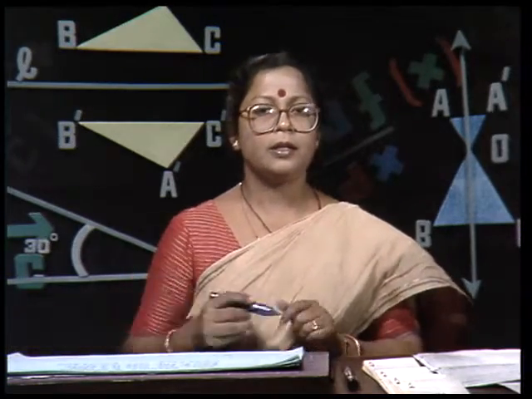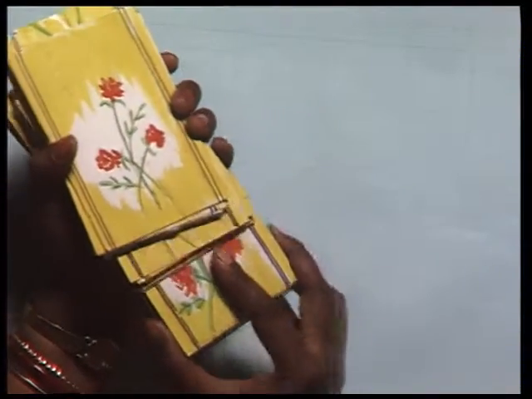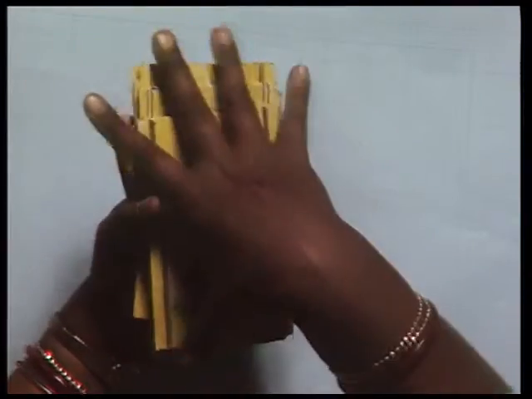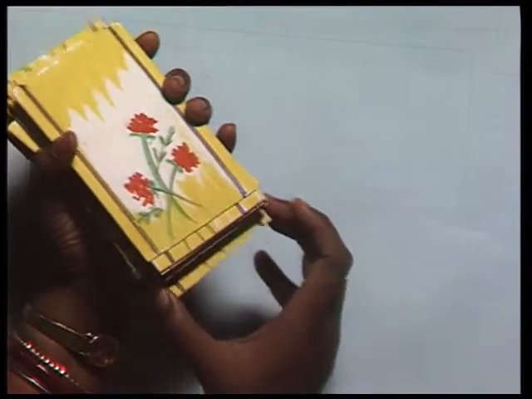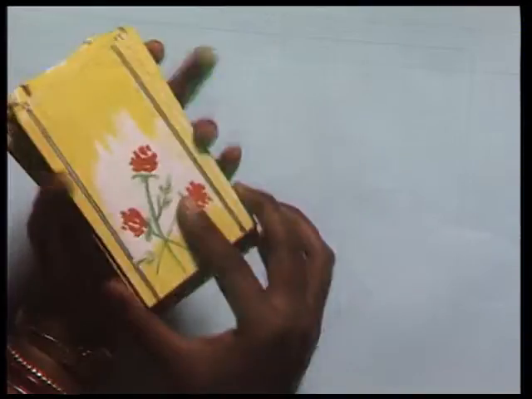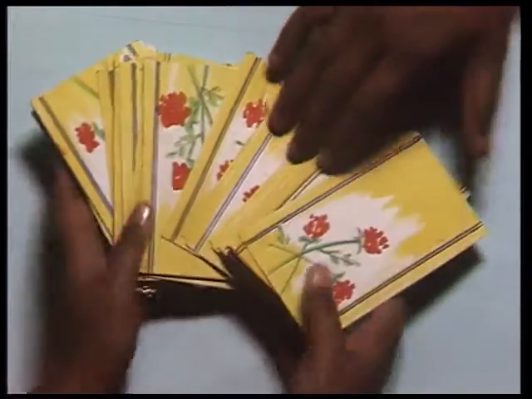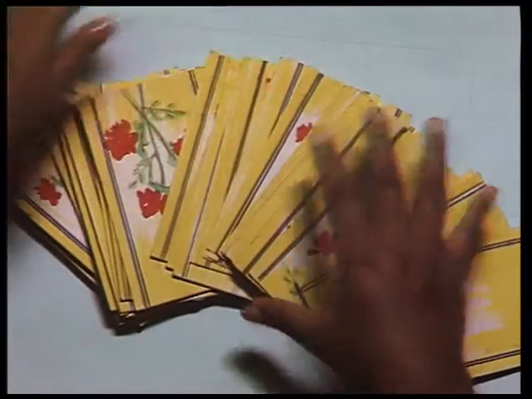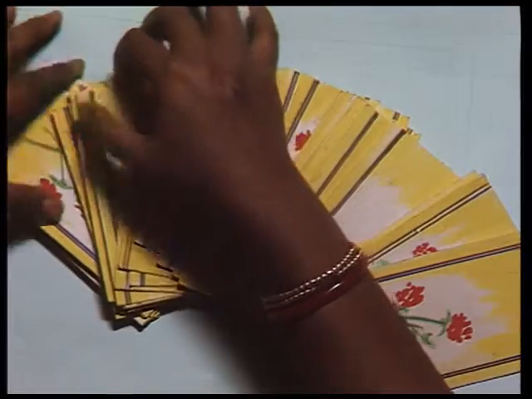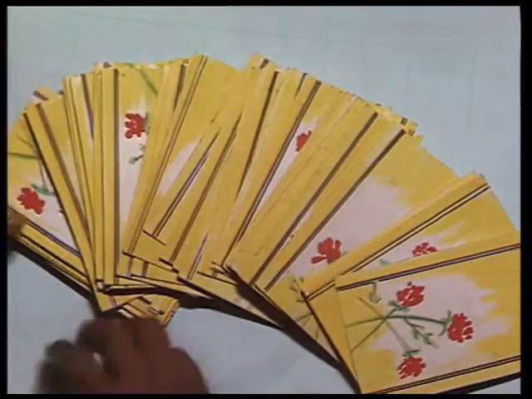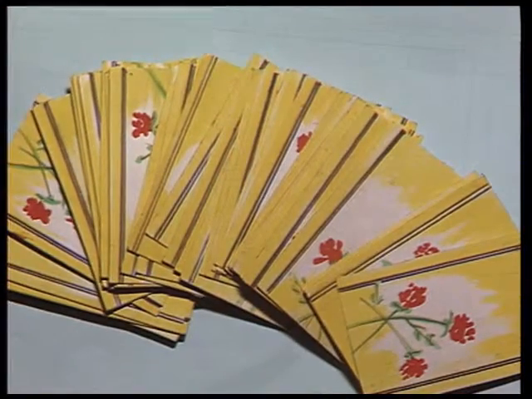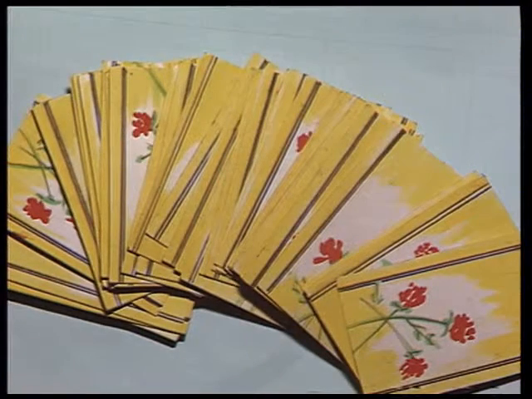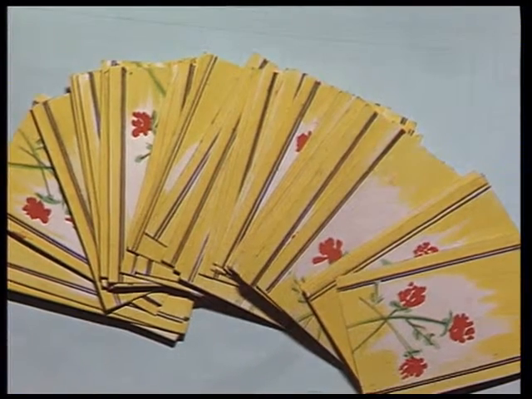Now, consider the experiment: drawing a card from an ordinary pack of cards. So, this is an ordinary pack of cards and the experiment is drawing a card from this pack. Now, since there are 52 cards in this pack, any one of these cards can be the likely outcome when we pick up one card at random.